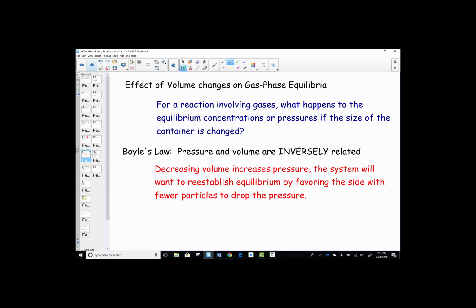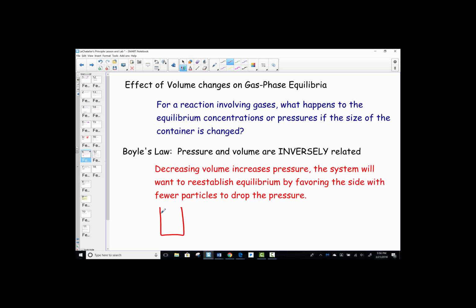A second type of equilibrium disturbance is the effect of changes on gas phase equilibrium. We're going to change volume and therefore change pressure. So if we have reactions involving gases, what happens to the equilibrium concentrations or pressures of the system if the size of the container is changed? Here we have to bring back Boyle's law. We know that pressure and volume are inversely related.